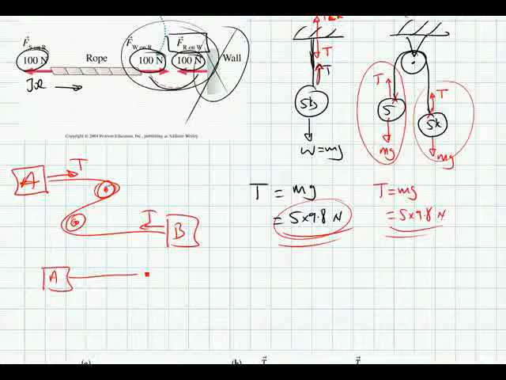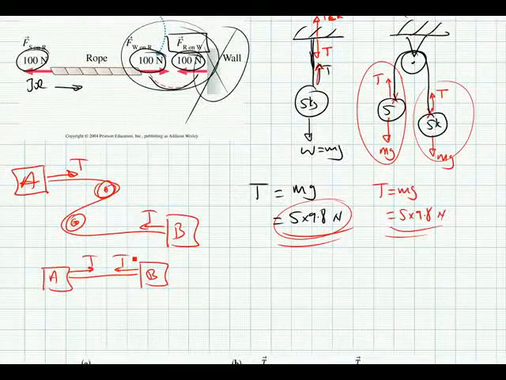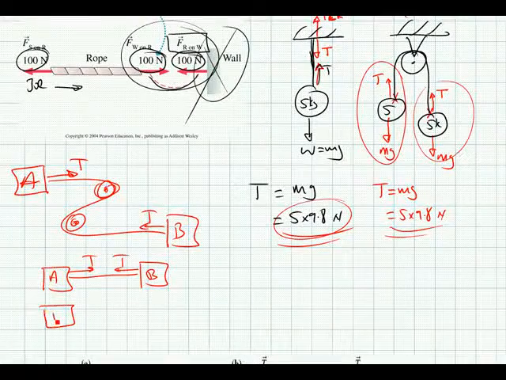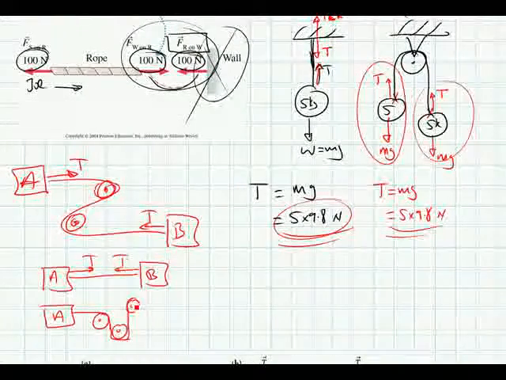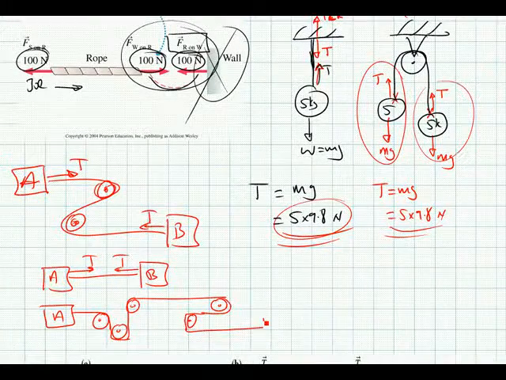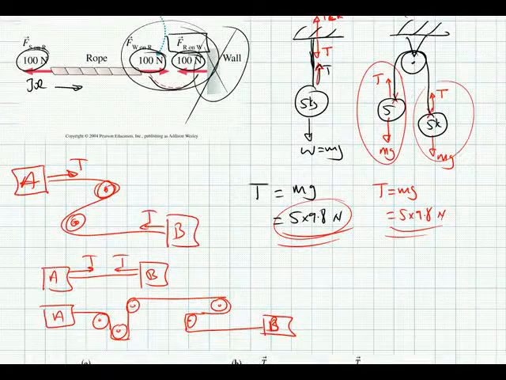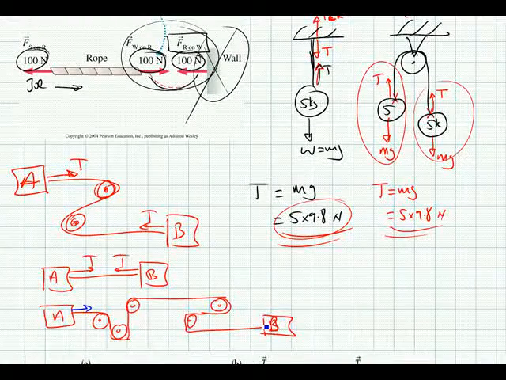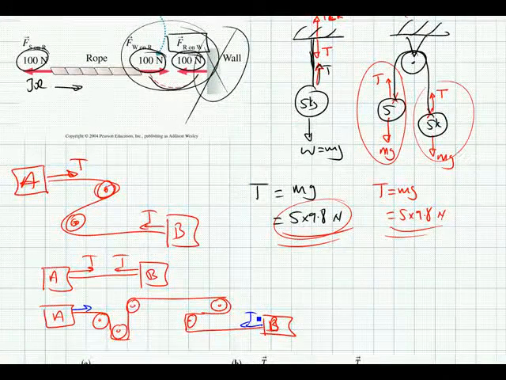So this scenario where we have tension is equivalent to this scenario where we have tension at this end and tension at this end being equal, and it's the same anywhere else.